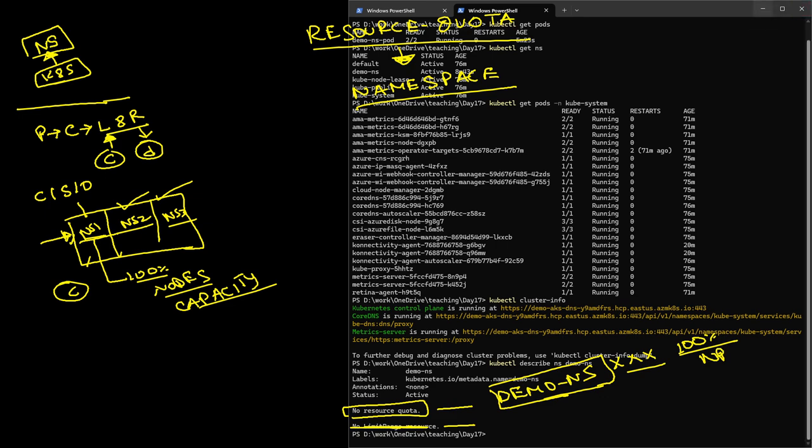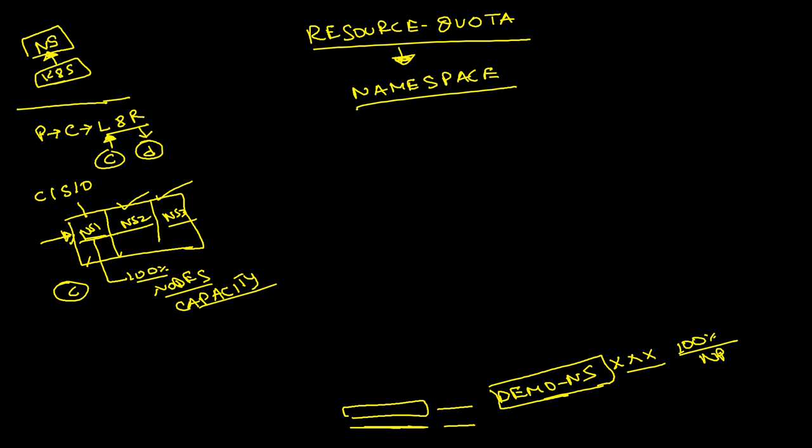So to overcome this kind of scenario, so that it does not impact my other applications, we have to implement resource quota at namespace level. As I have mentioned, it can be implemented in two ways. The first one is called resource limit.